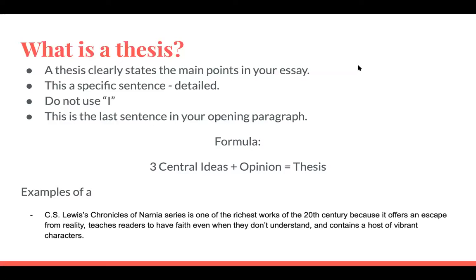Does that make sense to everybody? Yes? Okay. So it's your three central ideas and opinion, and that gets you your thesis, okay?